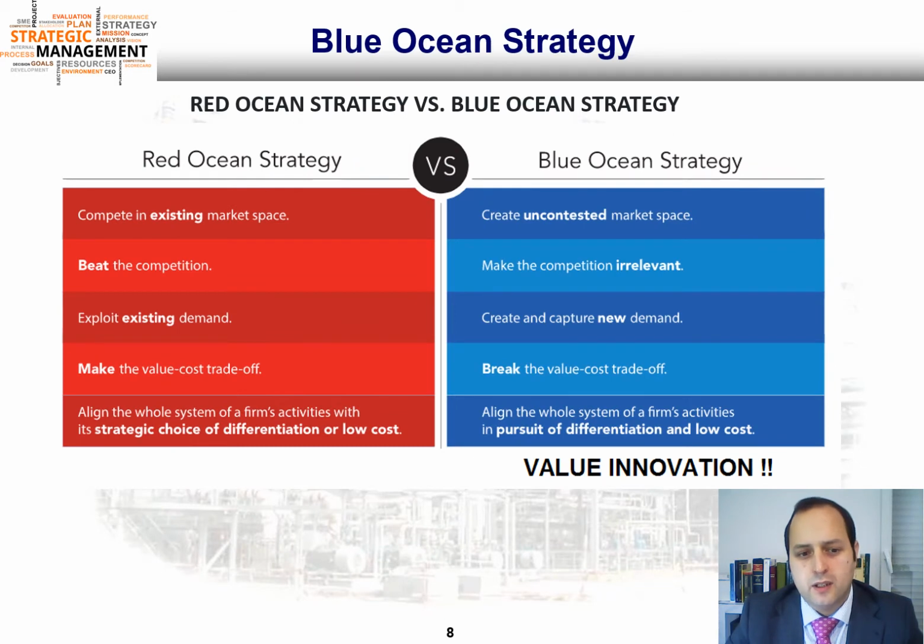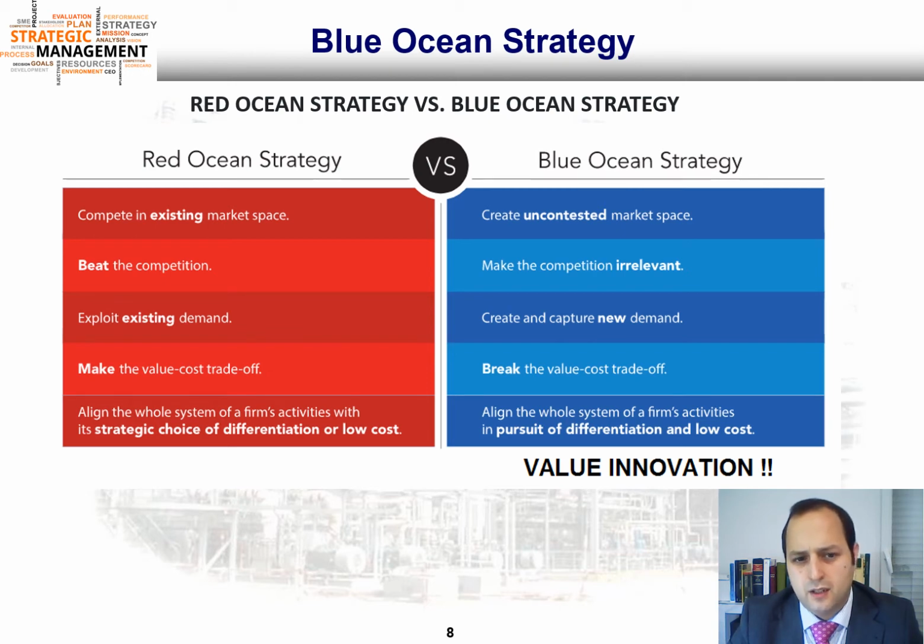As we saw in the video, the red ocean strategy is called the red ocean because in theory it's full of blood. It's an ocean full of sharks, which are our competitors, and the competition there is very, very difficult.